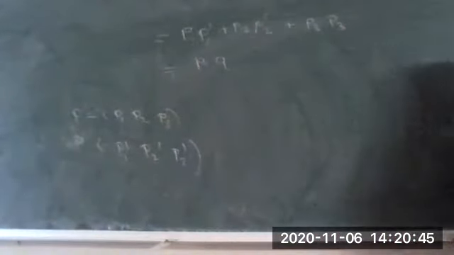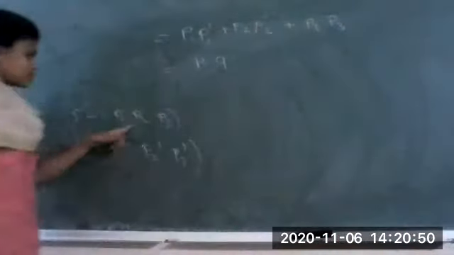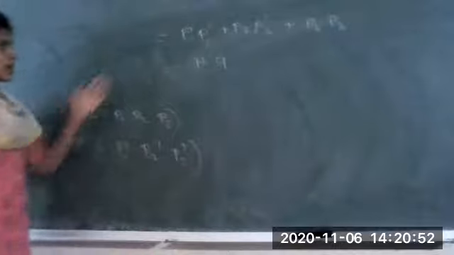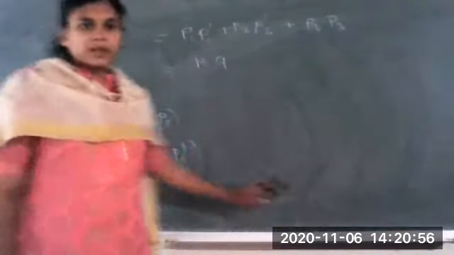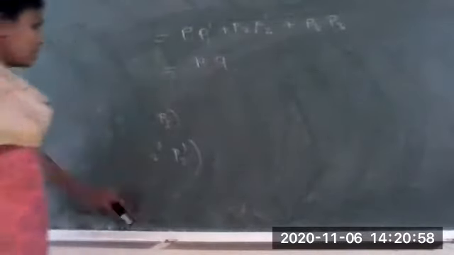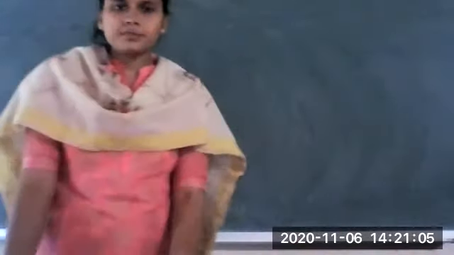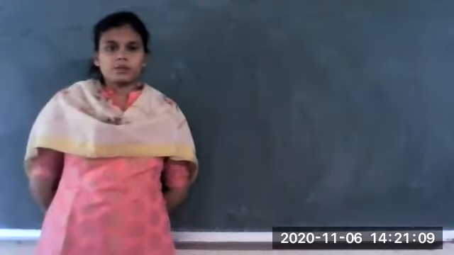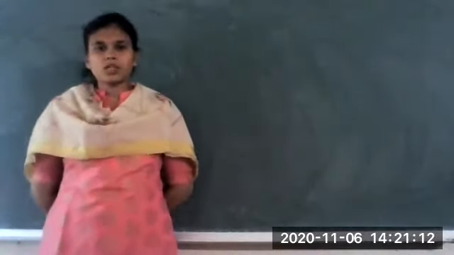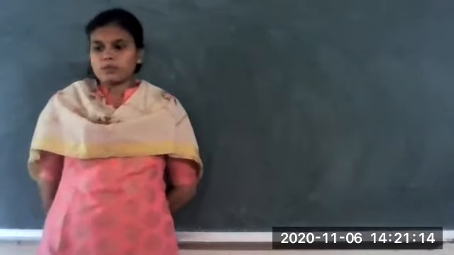To perform the dot product of P with P dash, we take the dot product coordinate by coordinate: P1 P1 dash plus P2 P2 dash plus P3 P3 dash, which is equal to P dot Q. Hence we can say every rotation is an orthogonal transformation. Here we have proved rotation is a linear transformation as well as it preserves the dot product.